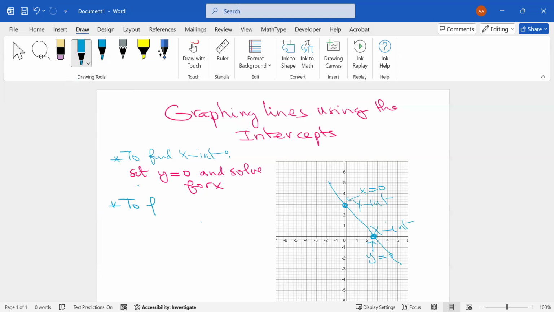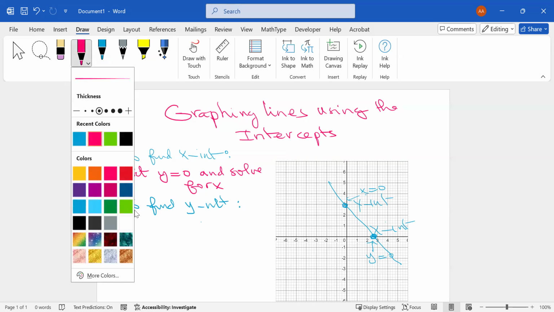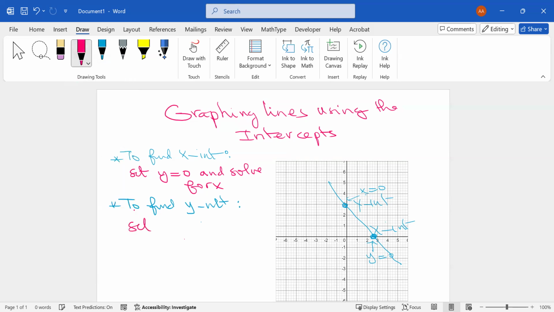To find the y-intercept, we set x equals 0 and solve for y. This is what you're going to use in this video.